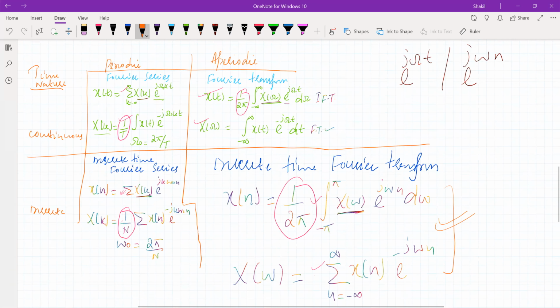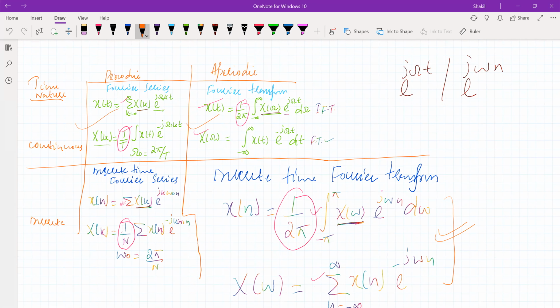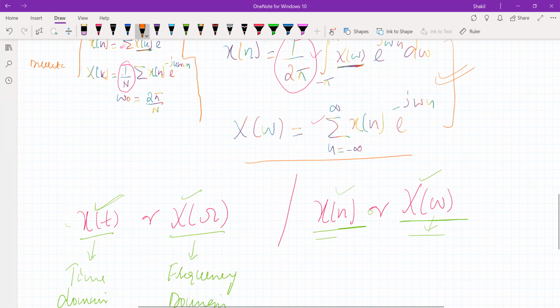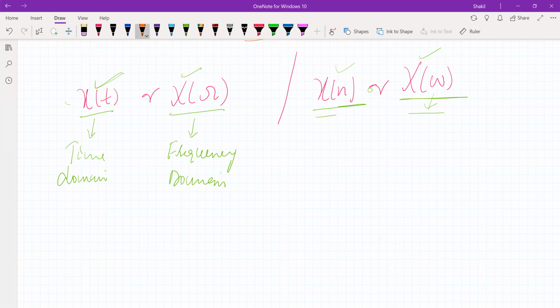You might have studied these already in signals and systems class, or in communication class, or in maths class. But we'll start with this: how do we get the frequency domain representation if x of n is given? That is our next session. So in the next session, if x of n is given, how do you obtain X of omega?